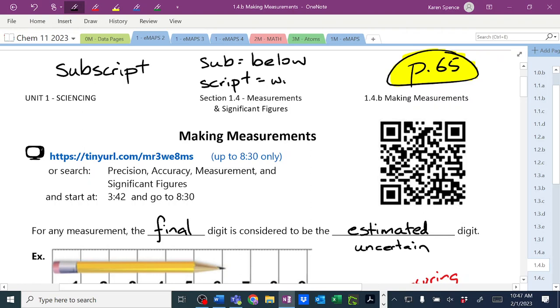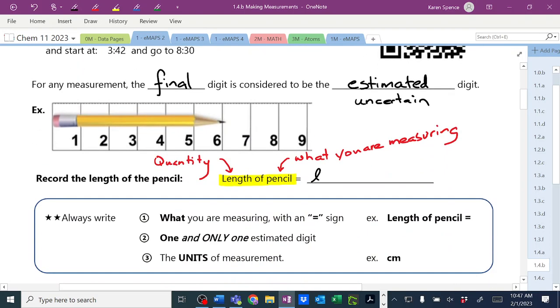Script is writing. So instead of writing length of pencil, you could write L, and then in subscripts, little writing below the writing, you could write pencil. You don't have to write both, just pick one and go with it.